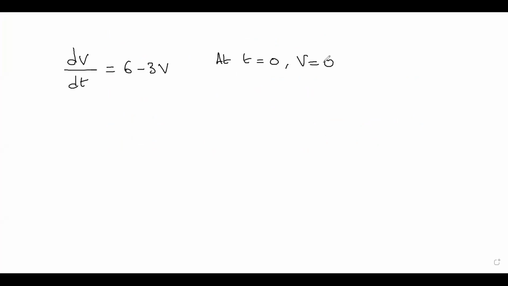The next part is that at some time t, the velocity is equal to v. Here dv by dt is the acceleration. They want you to find the velocity.